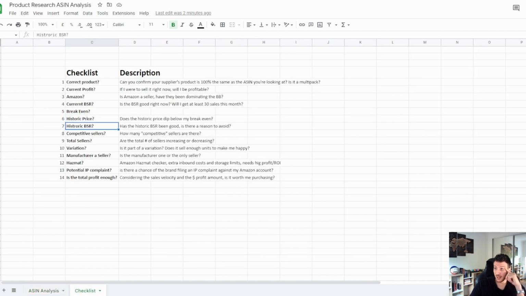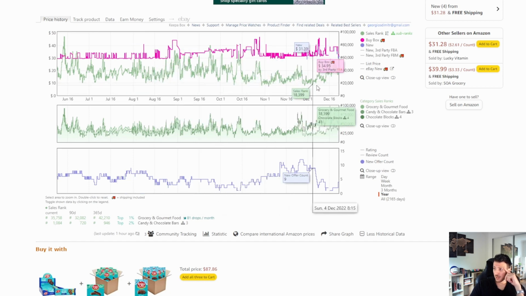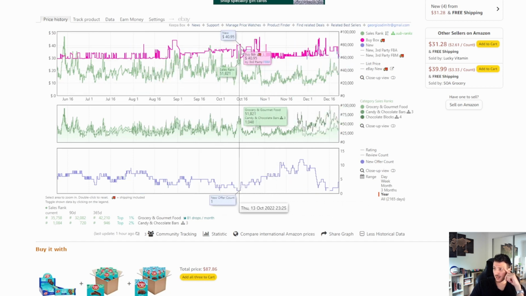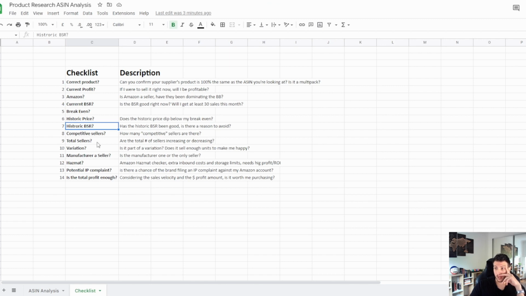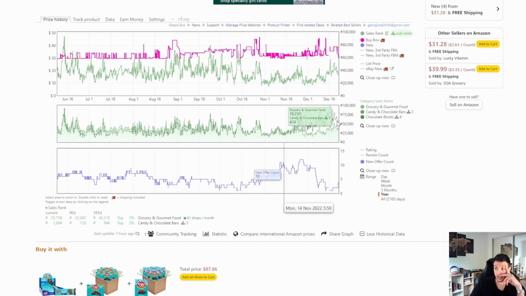So we just went over the historic price. Historic BSR, it seems consistent anywhere between 20 and 60,000. So the BSR is reasonably stable, not very low to justify a lot of sales, but it's okay. Now, competitive sellers and total sellers, let's have a look at that.